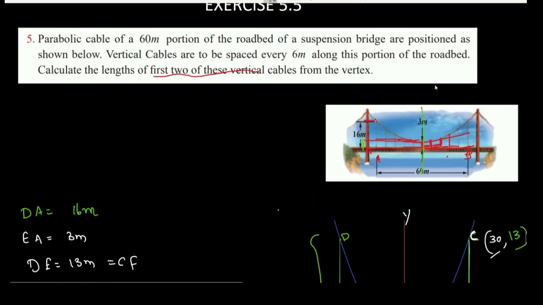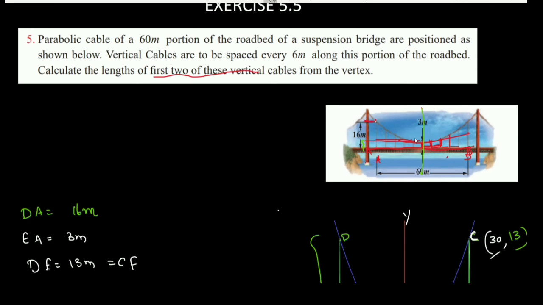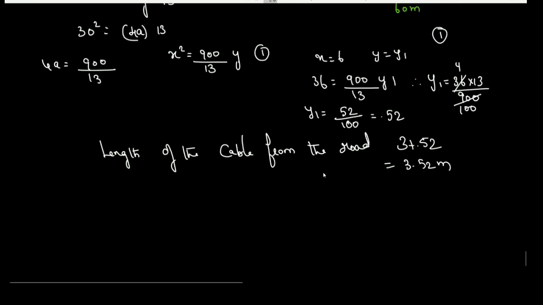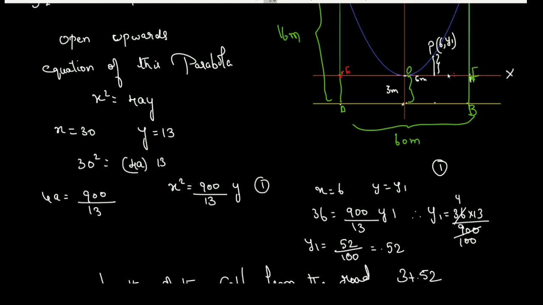From the vertex we are moving to the right or to the left. The same height you will get here also. So from the vertex moving to the right or to the left and placing a cable, the height of that cable is equal to 3.52 meters. The next cable will be 6 meters from here.